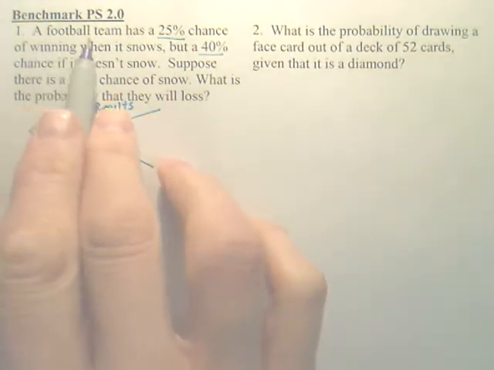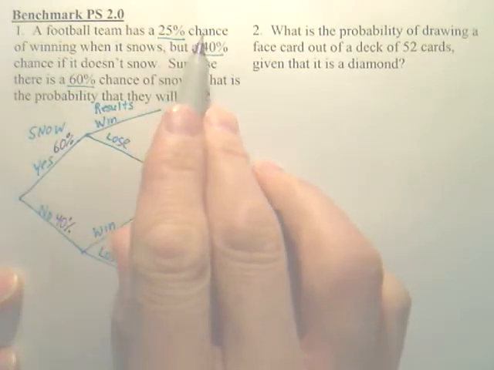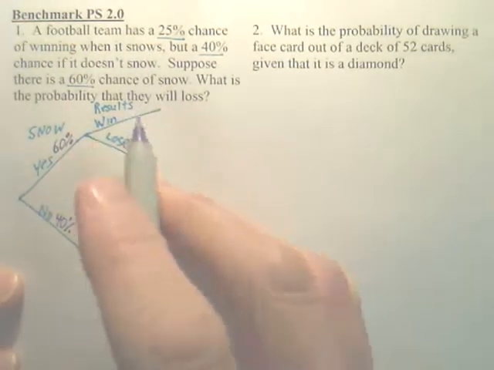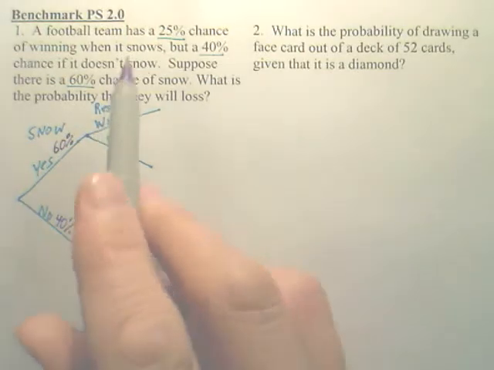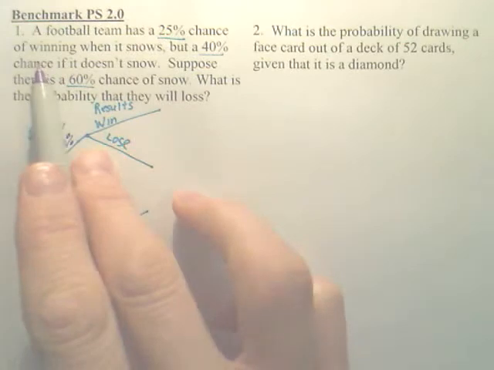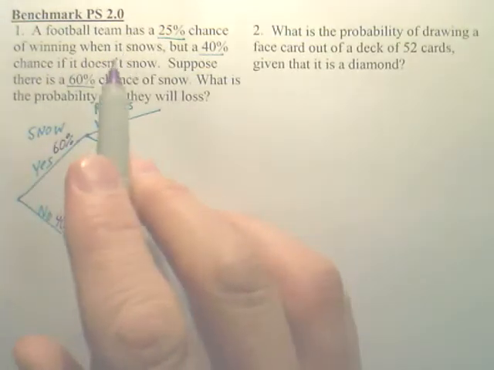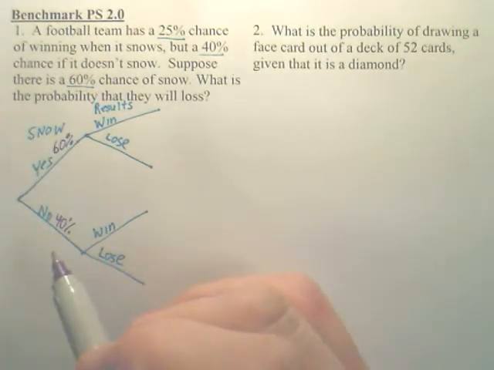Next, the football team has a 25% chance of winning when it snows. Now, the moment I say when it snows, is that a condition? They have a 25% chance of winning when it snows. So the moment I say when it snows, it's saying if it snows, they have a 25% chance of winning.